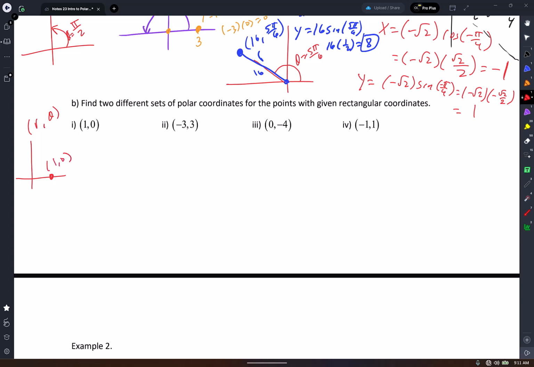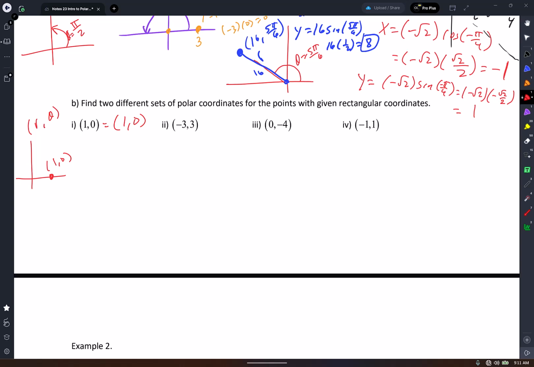So that's 1, 0. In polar, I'm doing an r comma theta. Well, I do the angle first. What if I never moved? My theta could be 0. Do you guys see that? And what's the r? 1. So 1, 0 is the same in Cartesian and in polar.